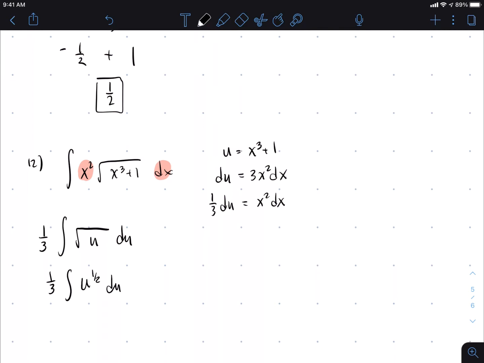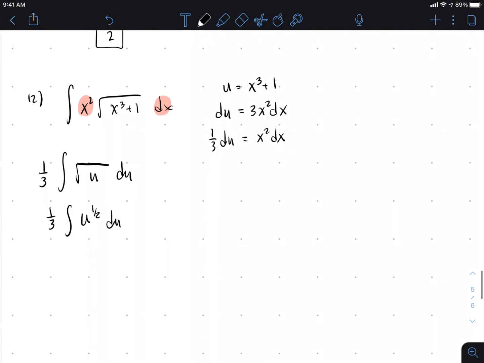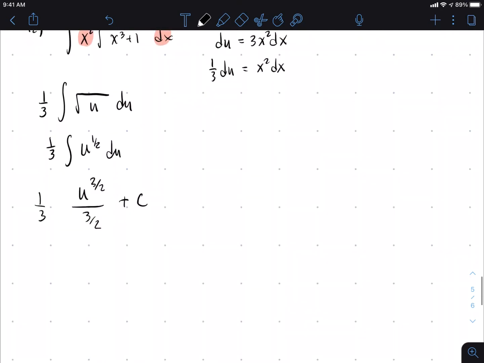Can we do that integral? Very easily, right? What is that? It's going to be u to the 3/2 over 3/2. And then you multiply, so I'll write it out because you probably don't see the 2/9, right? 2/3.